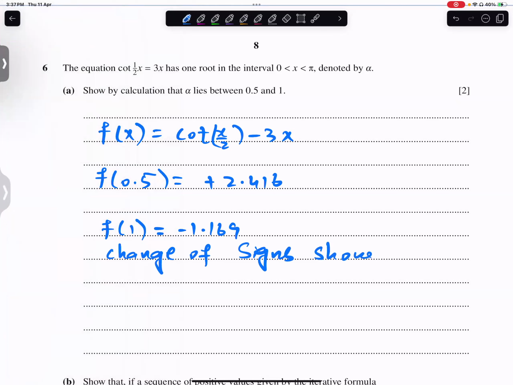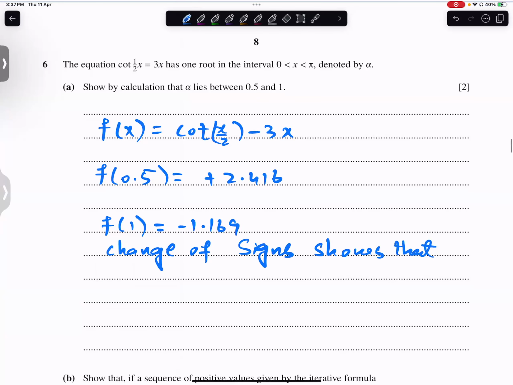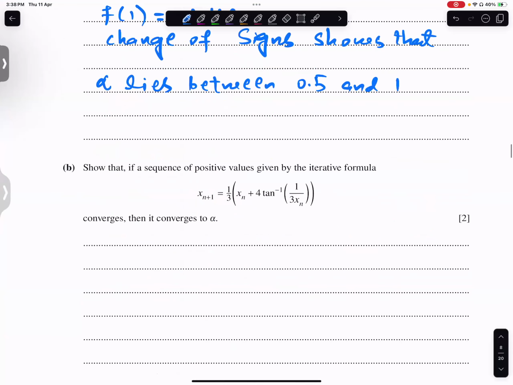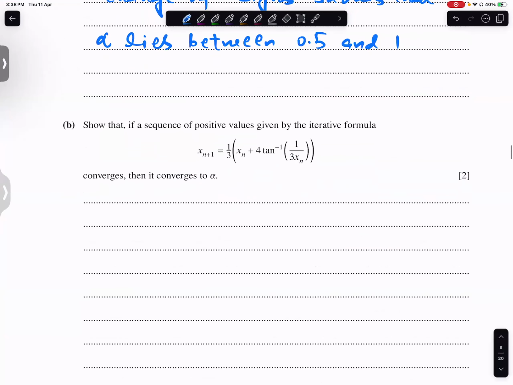Change of sign shows that alpha lies between 0.5 and 1. Okay.